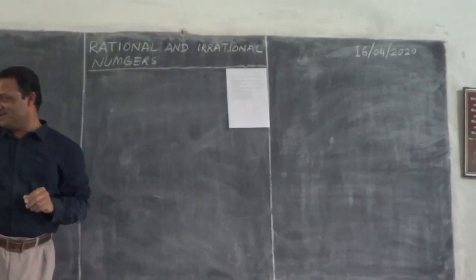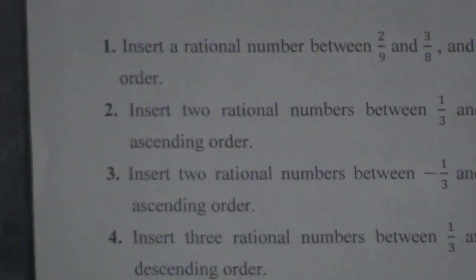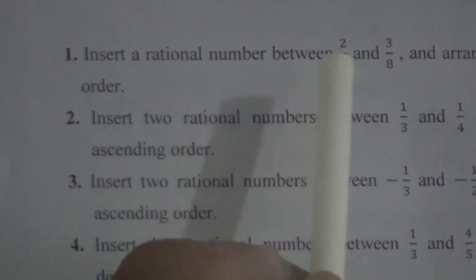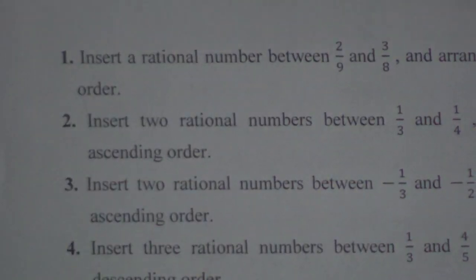Insert a rational number. Only one, children. Insert a rational number between 2 by 9 and 3 by 8.